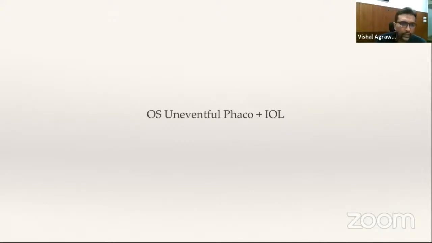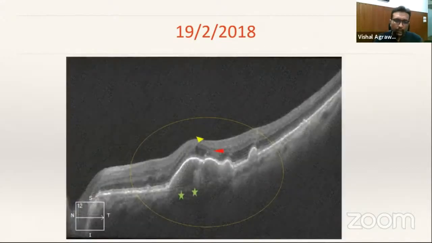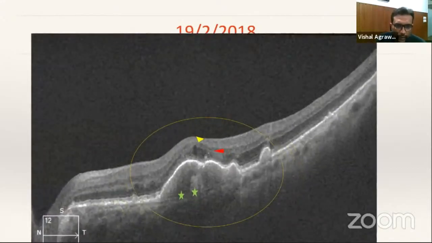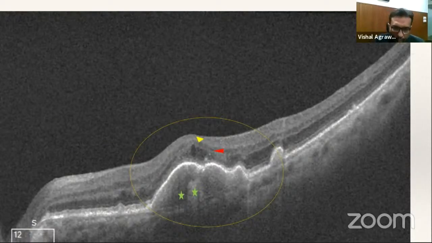We went ahead with the uneventful phaco-IOL in the left eye. After 1 month of the phaco-IOL, in February 2018, the patient presented to us, and now you can see closely the changes. To a cursory glance, it might seem that there is no change, but if you look closely, the yellow arrowheads indicate the intraretinal fluid, and the red arrowheads show the hyperreflective dots which Dr. Atul was mentioning.